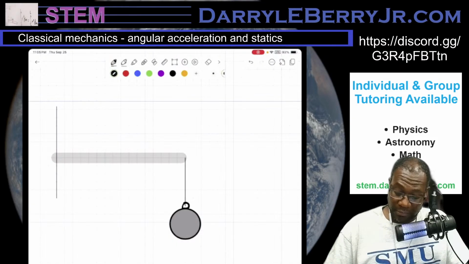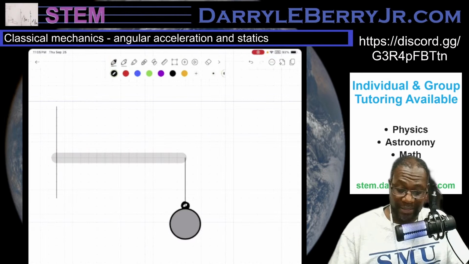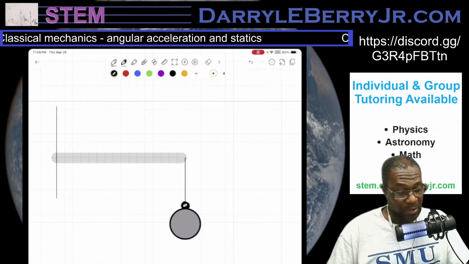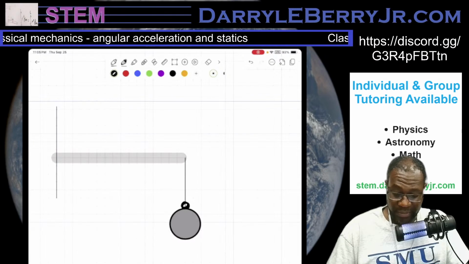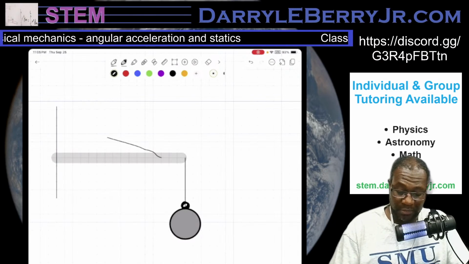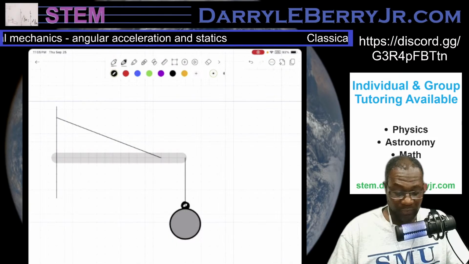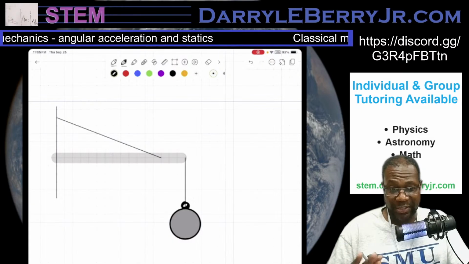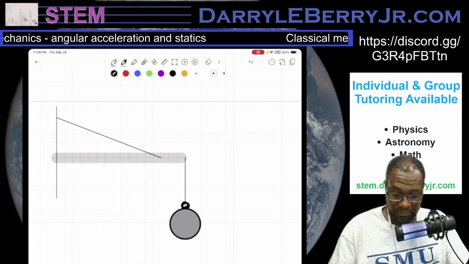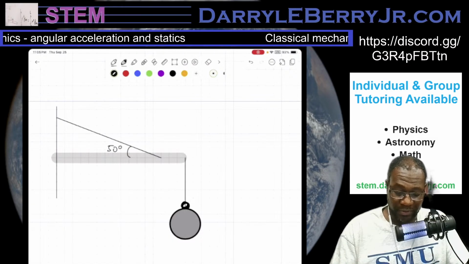And let's say that is being anchored by a tension wire at a certain distance. I'm probably going to give myself bad numbers again, but we'll just work with it. Well, let's say that this is 50 degrees.